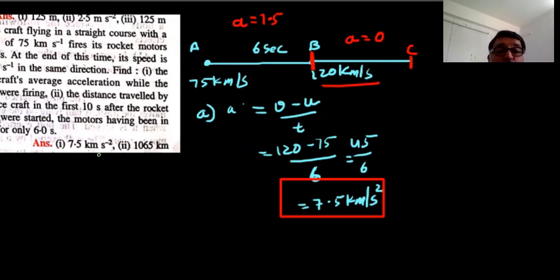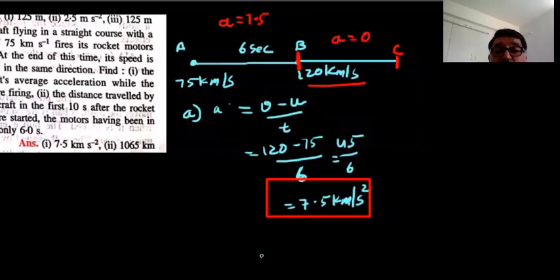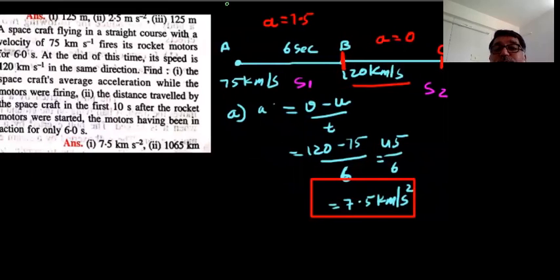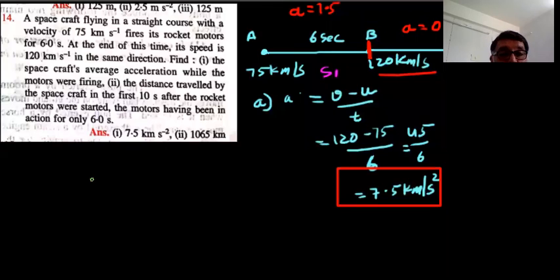So let's try to find the displacement. Now we have to break it down into two parts. We'll find the displacement from A to B, which we will label as S1, and the displacement from B to C, which we'll label as S2. So let's try to find S1.